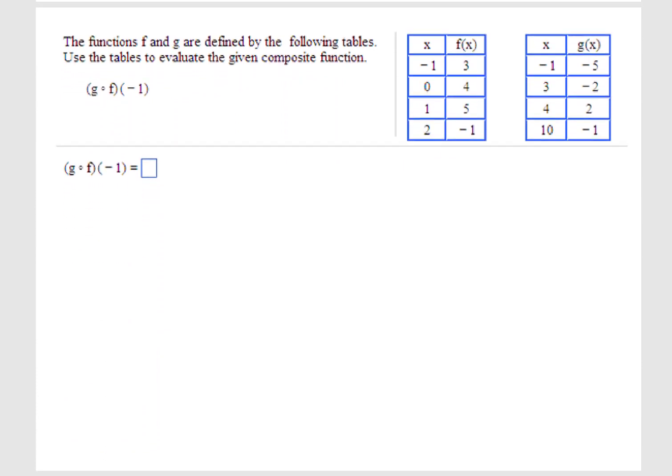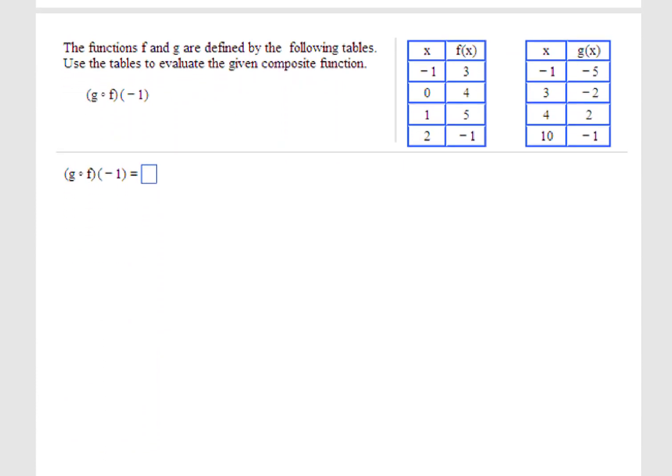Okay? On this one, it says the functions f and g are defined by the following tables. Use the tables to evaluate the given composite function. So they want us to find g of f of -1. So I'm going to rewrite this. Notice that there's no inverses, right? So I don't have to do an inverse table. But they do want me to find g of f of -1.